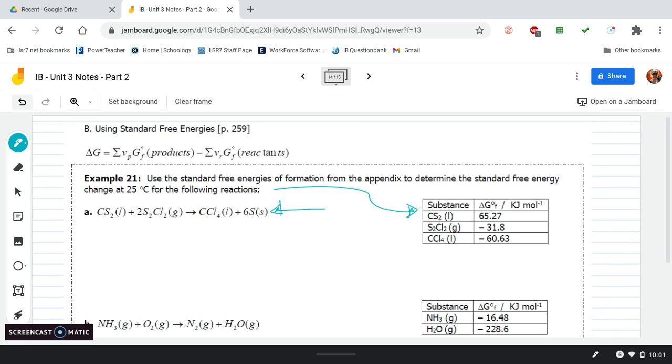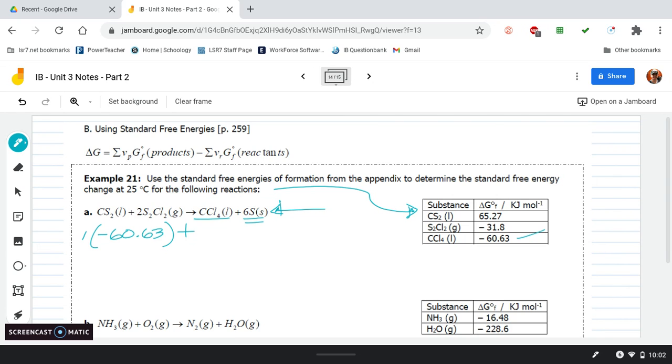Carbon tetrachloride is right here, so we're going to go 1 times negative 60.63, plus sulfur. Sulfur's not there because sulfur's in its elemental state, so elemental state is 0.